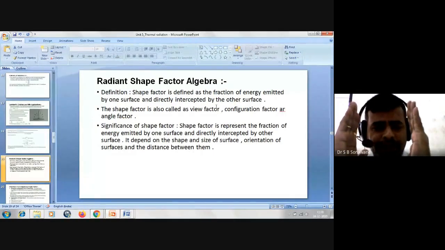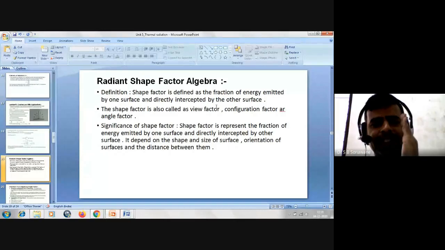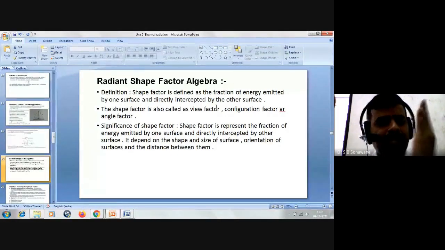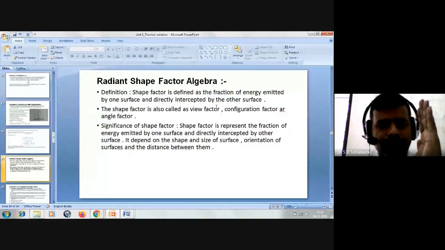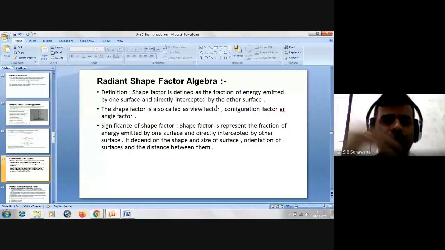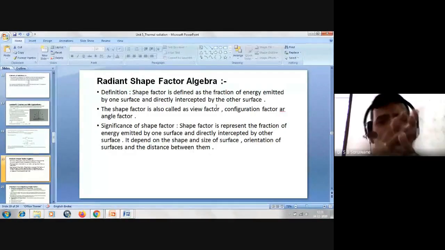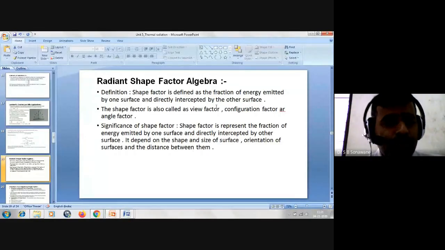If these two surfaces I can keep like this, I can keep like this also. Okay, there are a number of options. You can change the orientation of these two surfaces, and if you change the orientation of the surface, you will get a different shape factor.